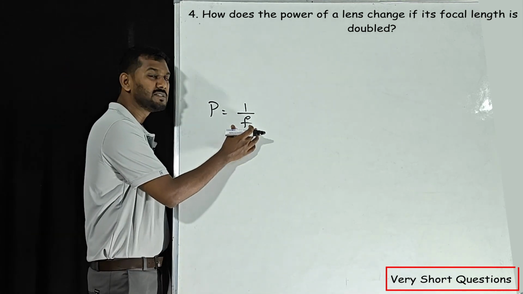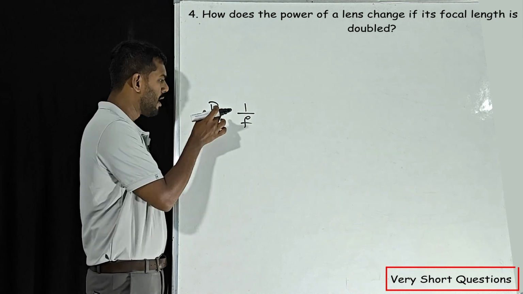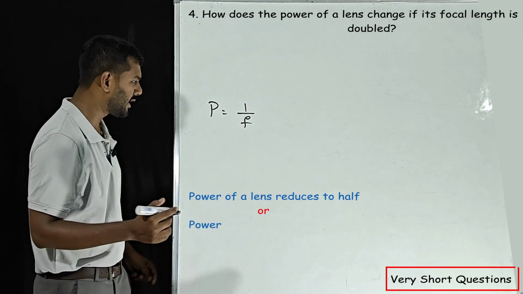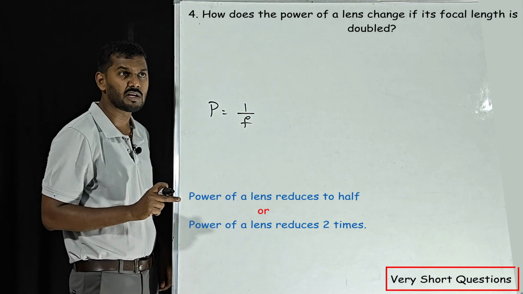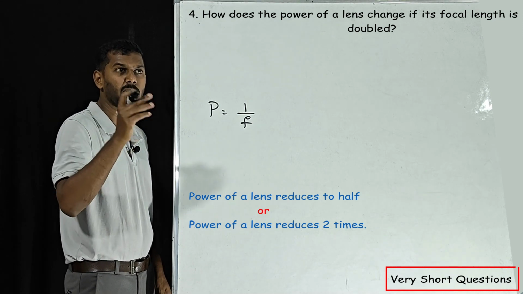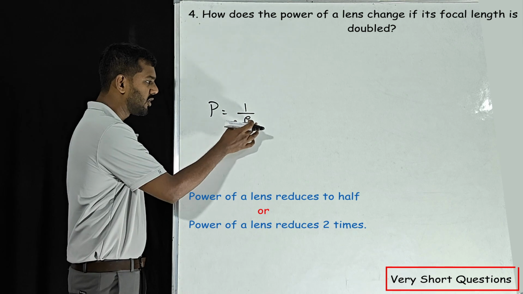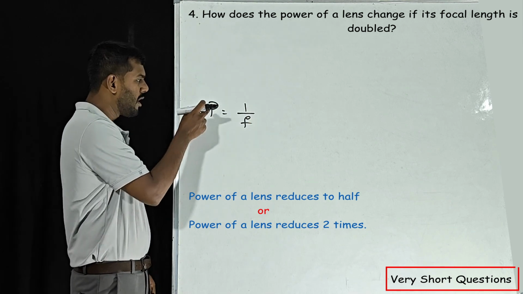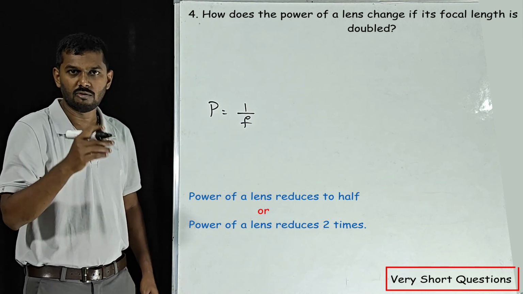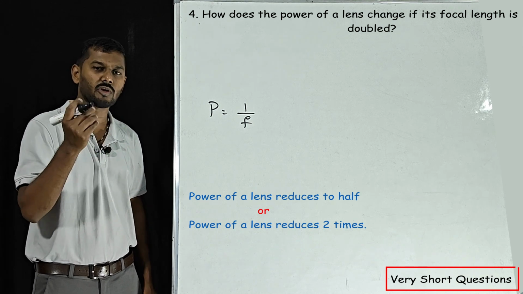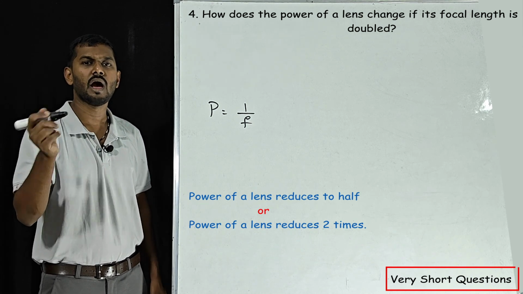If the focal length is doubled, increases 2 times, power decreases 2 times, because these two are inversely proportional, correct? So if the focal length is doubled, power of a lens will decrease by 2 times, or you can write it as reduces to its half.